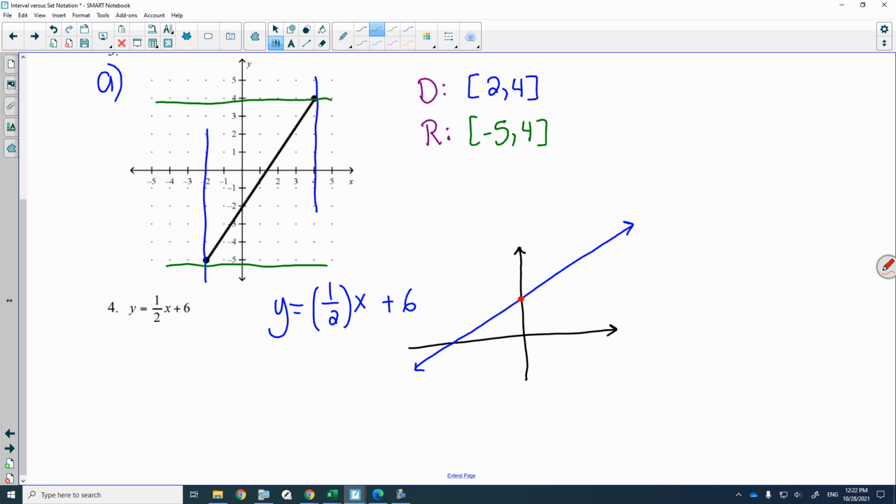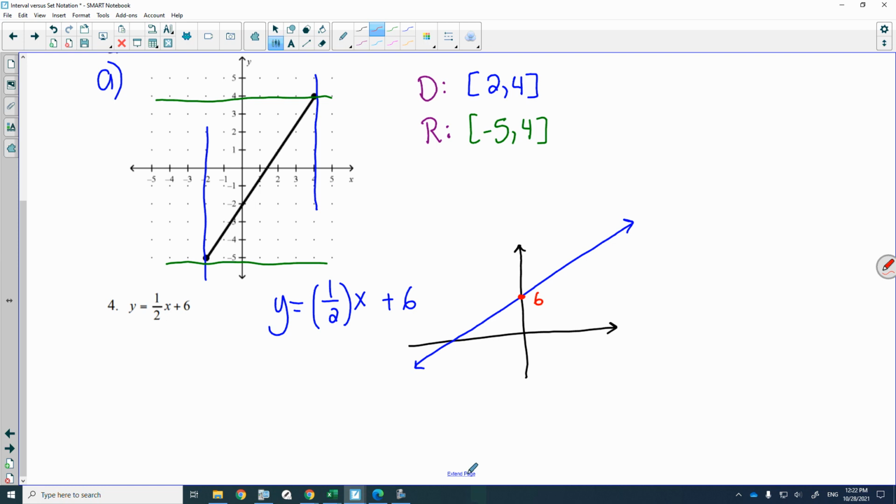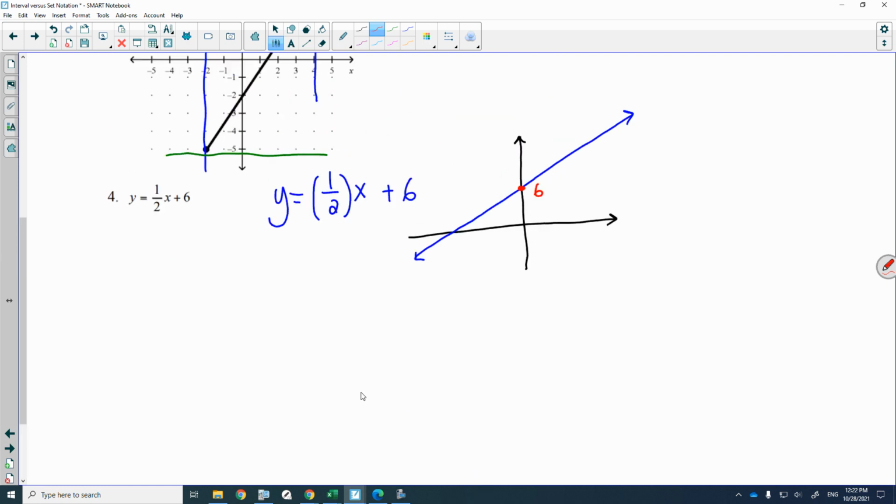And this value was 6. This one, I believe the answer is in interval. No, it's in set builder.